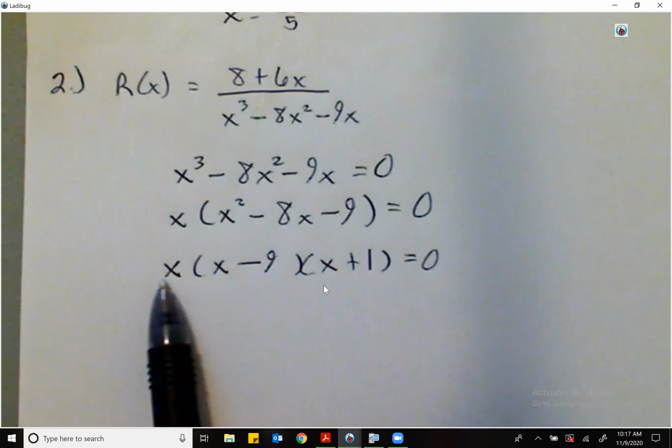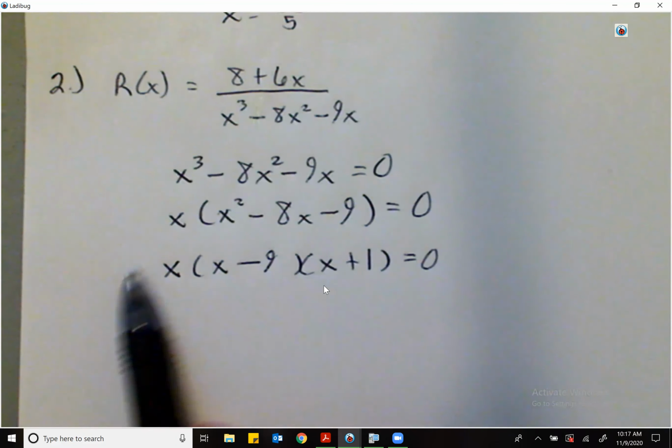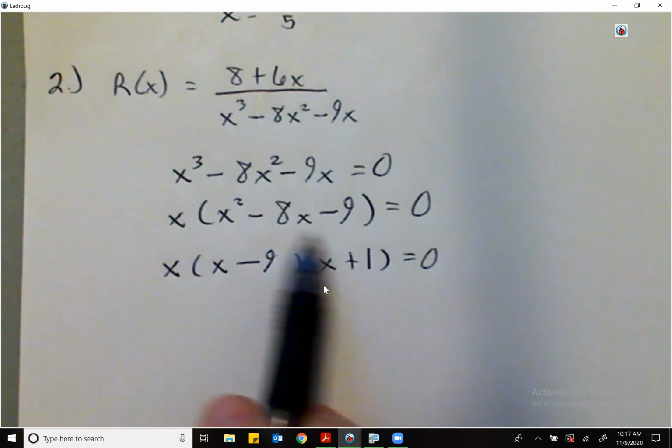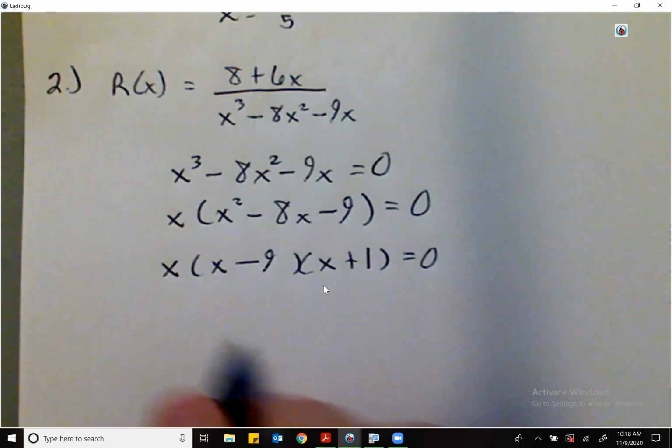Now that it's completely factored, what do I do with all this? Take them and set them equal to 0. Don't group them, just separate them, each equal to 0.